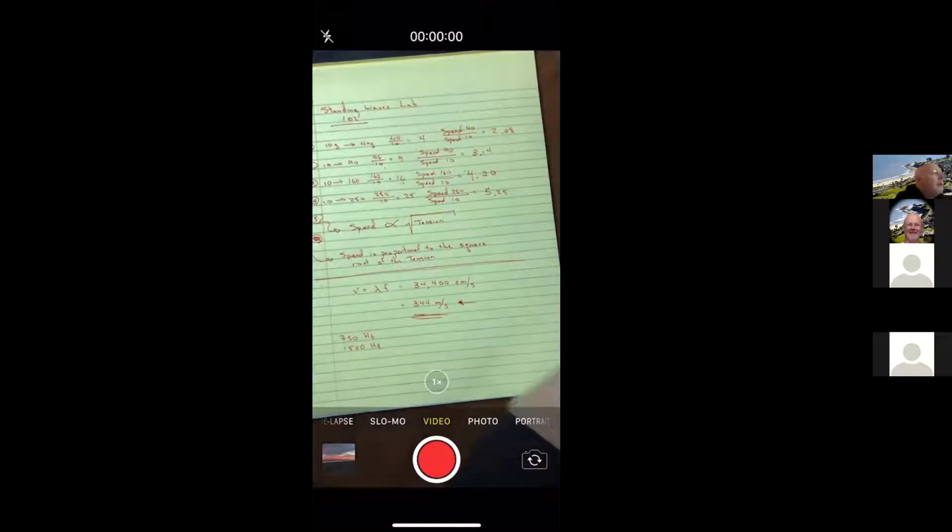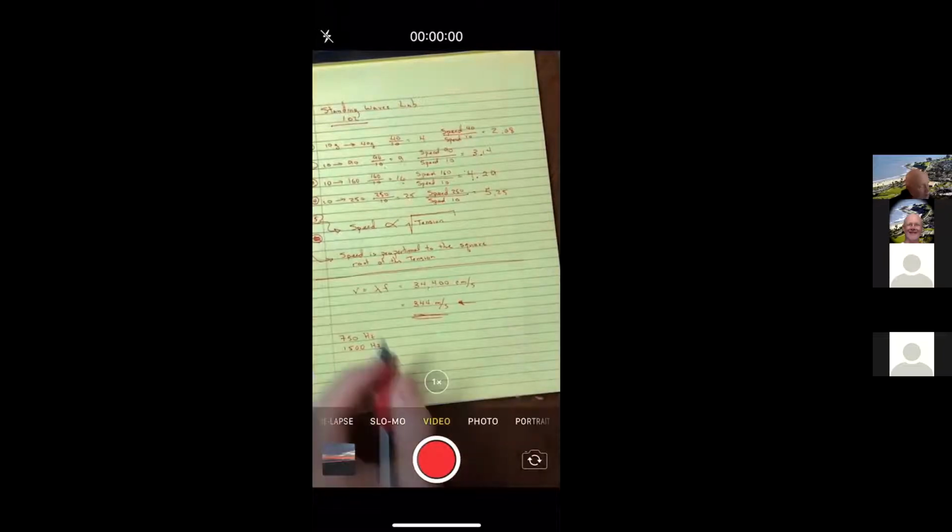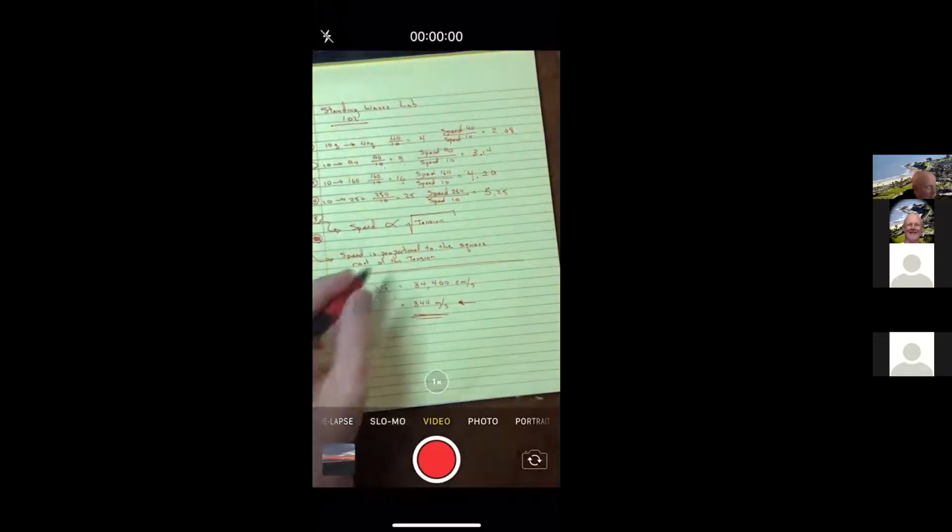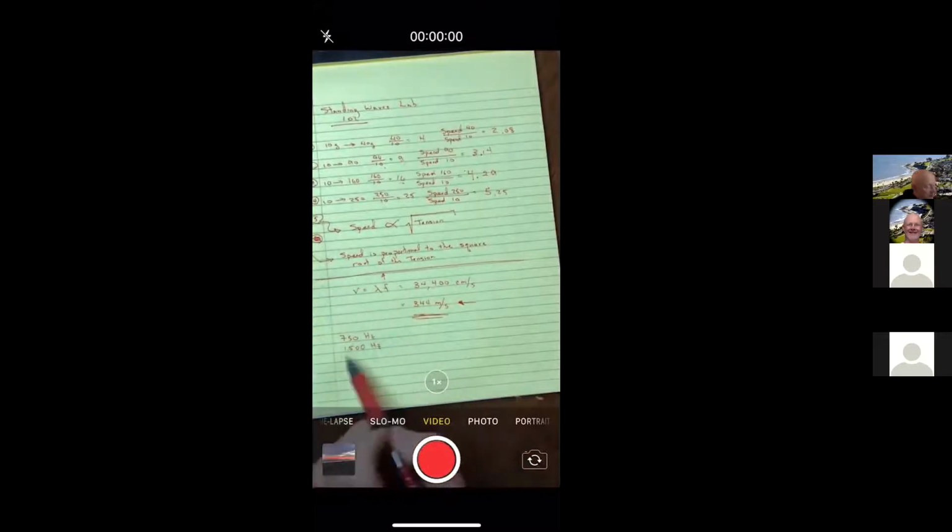Let me read the fine print here. It says, keep in mind that these were measured using two different frequencies. That's their point. Does it seem reasonable that the speed of sound in air is the same for all frequencies? So they're trying to get you to see that the speed of sound is not dependent upon its frequency. In this case, we increased the frequency from 750 up to doubling it, and we see that the wavelength went down and the speed still remains the same.